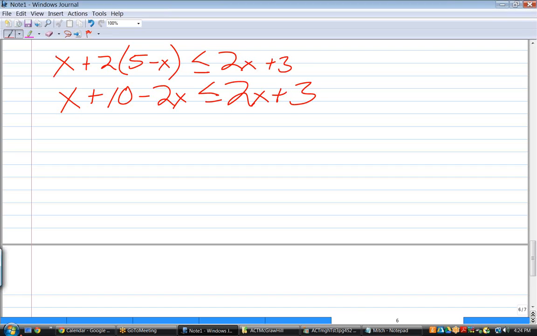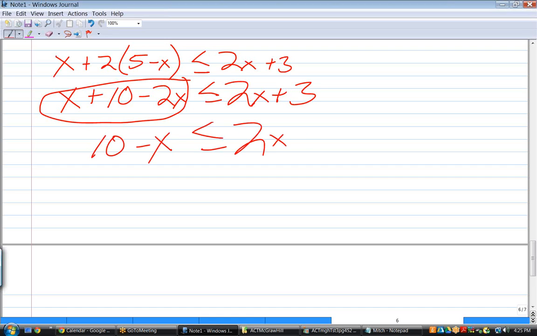So probably the easiest thing to do is just, let's go ahead and combine those. What do you get? So it's just 10 minus x. Okay, now choose which side you want to put the x's on and which side you want to put the numbers on.